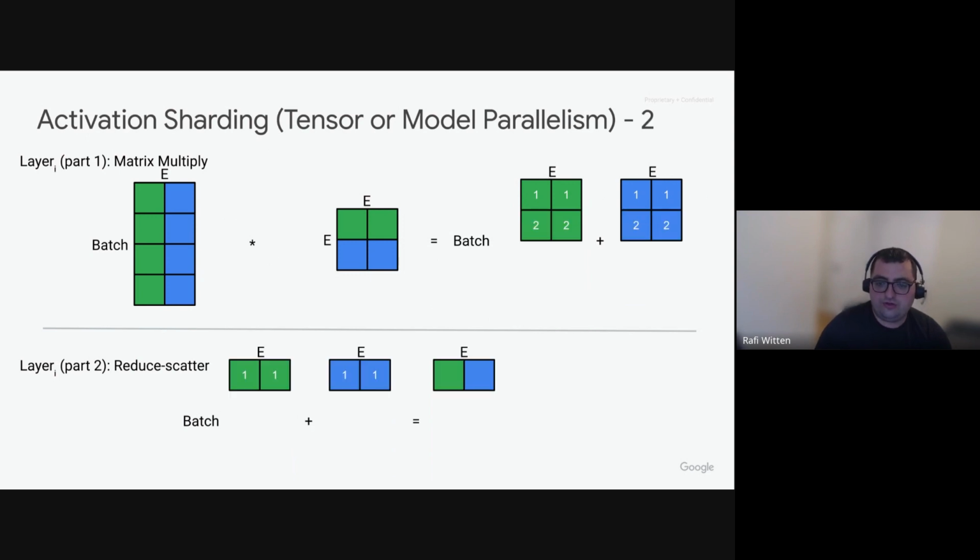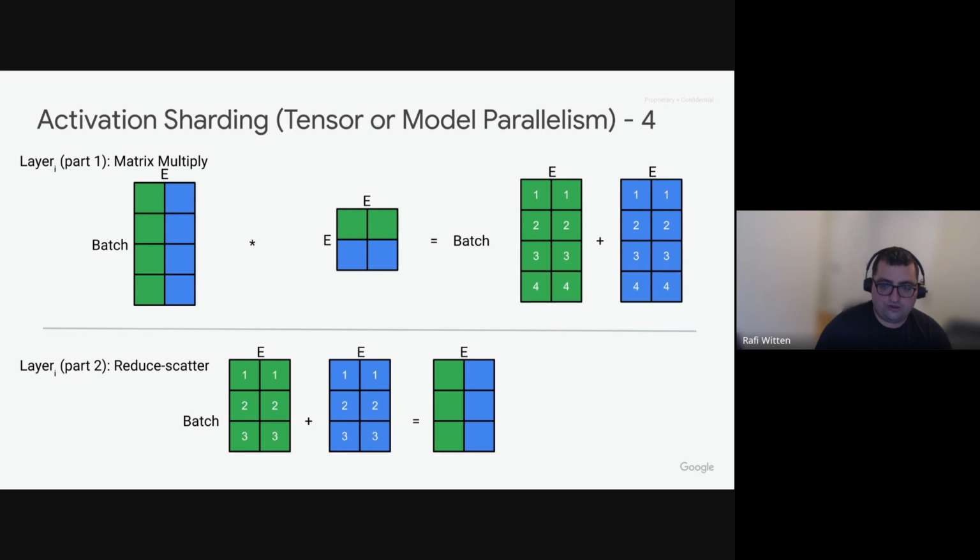Then we will do two things at once. We will add the ones we've already computed and get the golden answers. This is called a reduce scatter, because we add both of the answers, but then each chip takes a different subset, and then we'll compute the second row. I'm just going to do that in steps three and four, and then in the fifth step we finish the computation.